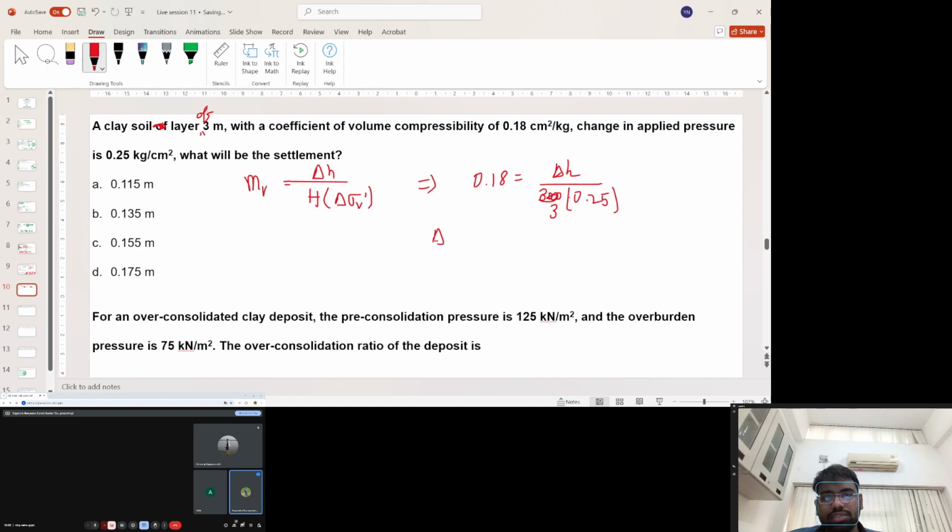So delta H is 0.18 into 3 into 0.25. Option B, sir, 0.135. Yeah, so it is 0.135 meters.